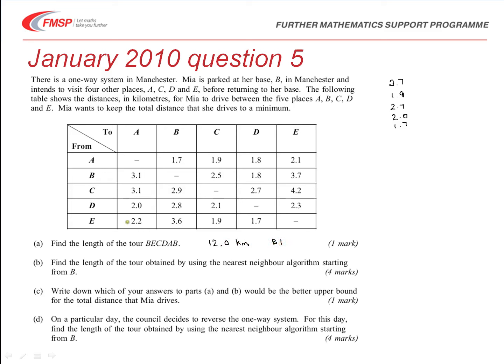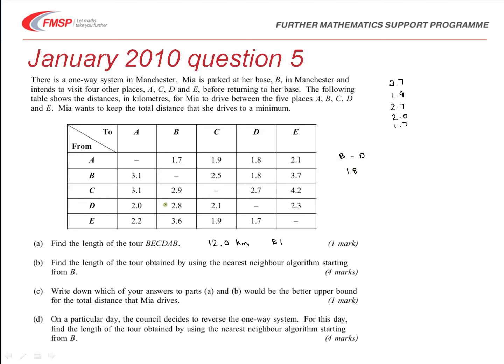In the next part of the question, it asks you to find the length of the tour obtained by using the nearest neighbour algorithm starting from B. You must be careful with this part of the question to write down clearly the choices that you are making as you go along. Starting from B, the nearest neighbour is 1.8, so we would have B going to D, which gives 1.8.